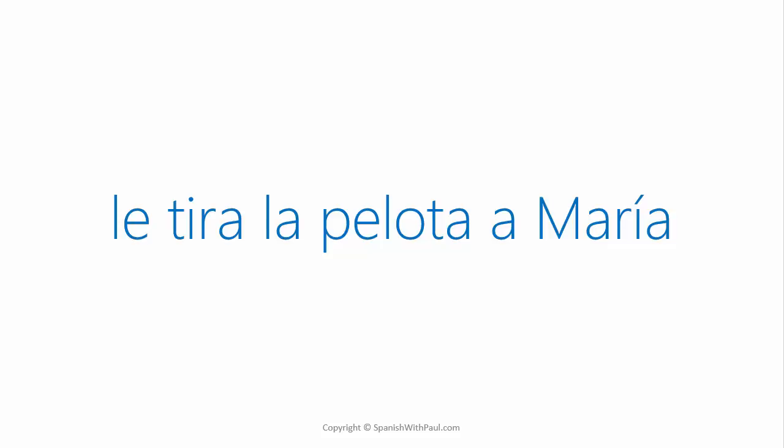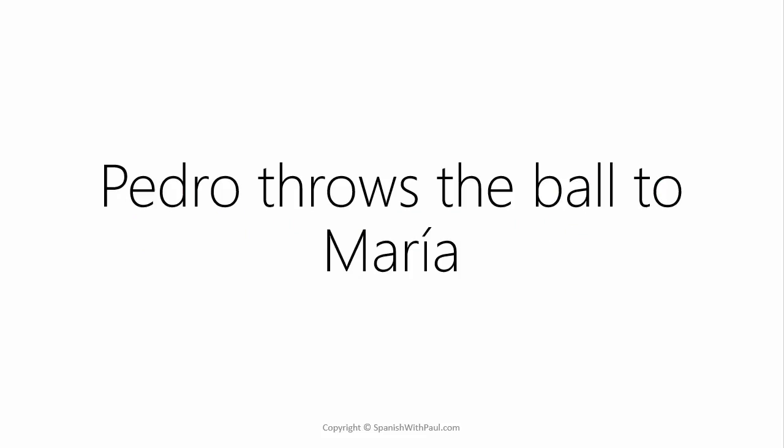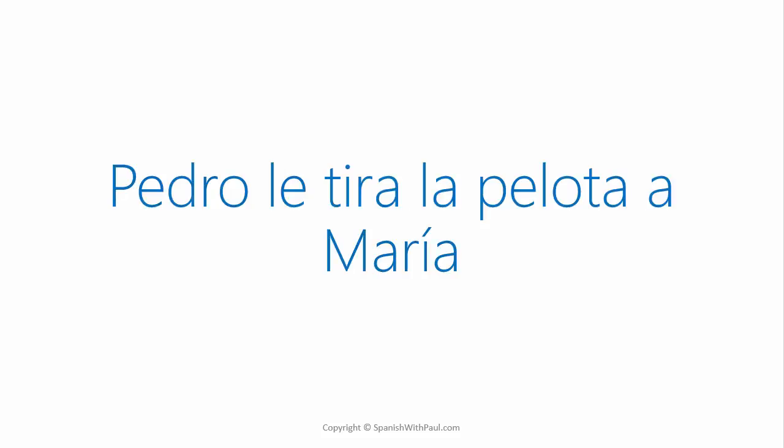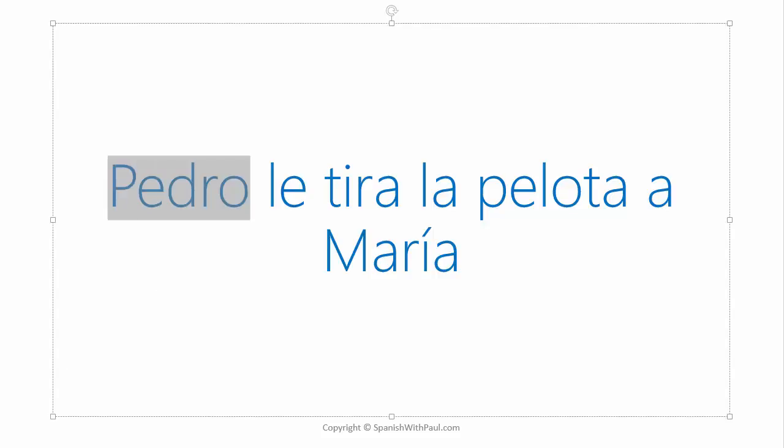What about this one? Pedro throws the ball to Maria. Pedro le tira la pelota a Maria. So here we have just putting the name at the front. Okay, so Pedro, to her, he throws the ball to Maria.